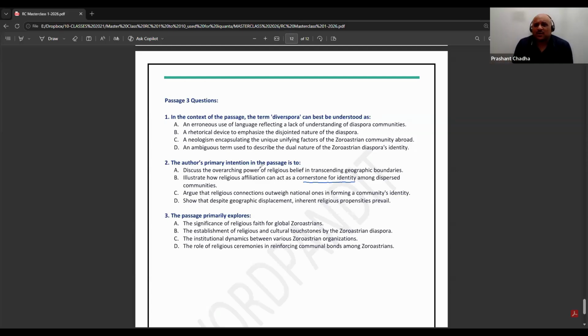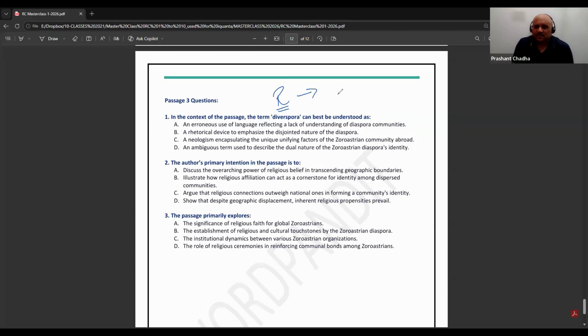Option A, discuss the overarching power of religious belief transcending geographical boundaries. Is this passage about religious belief? This is not about religious beliefs, right? This passage is about how these places are created. Why are these places being created in the first place? The purpose behind them is religious, right?